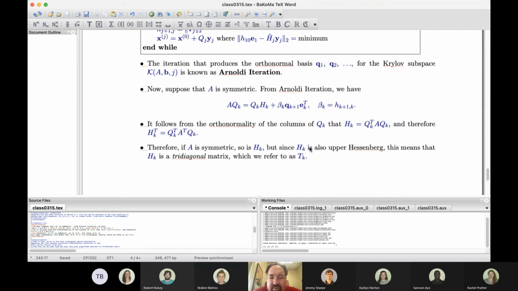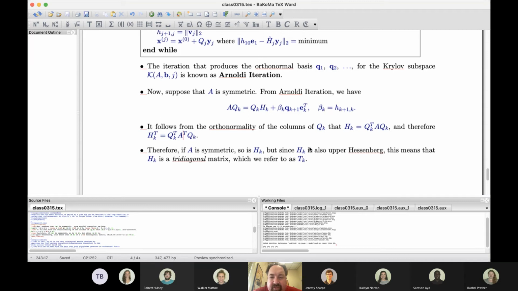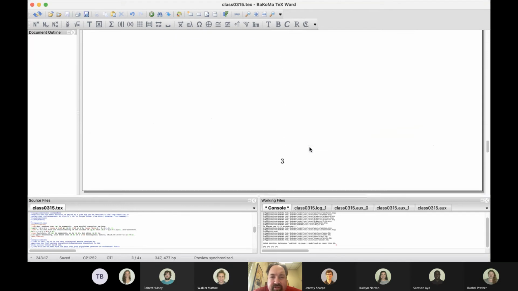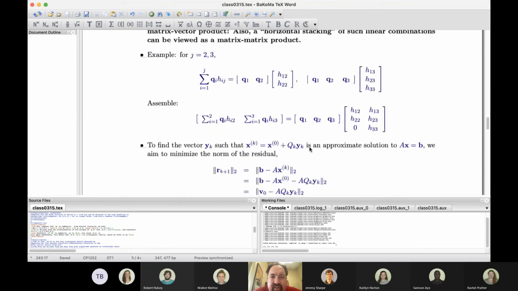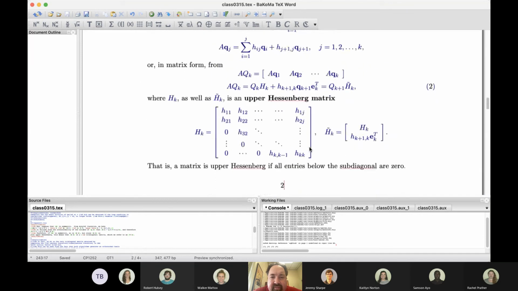But HK is Hessenberg too. So if I go back to show you the Hessenberg matrix, here is the Hessenberg matrix. Everything below this first subdiagonal is 0. So if HK is symmetric, everything above the diagonal also has to be 0. So in other words, we have nothing left except for the diagonal, this one subdiagonal, and this one superdiagonal.